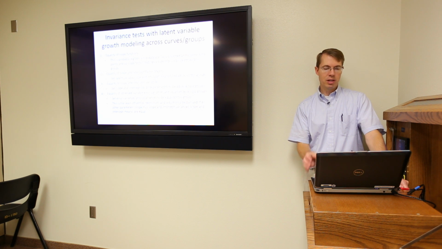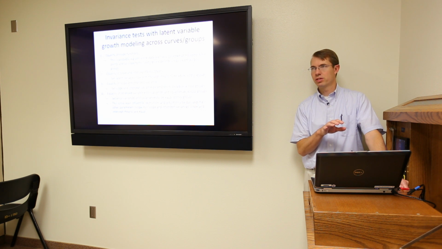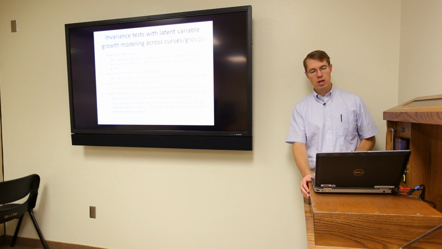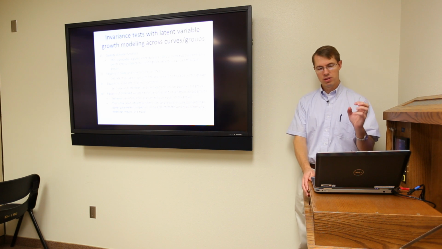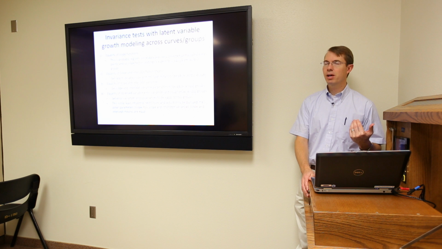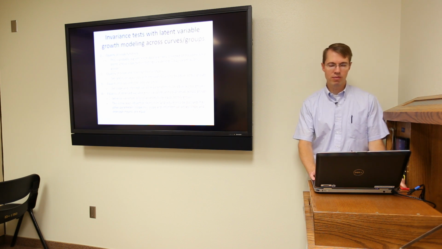And I definitely think that if intercept and slope means and variances are different, then I don't know why you would test error variances and covariances across the groups. I suppose you could, but I would probably go in this order and not do the error variances if the slope factor means and variances weren't there. In fact, really what's going to be substantive for a paper is, are the intercept and slope means and variances the same or different. That's really the main thing you're going to be looking for and wanting to report in a manuscript.